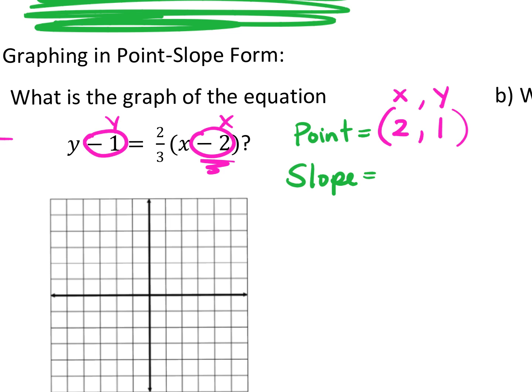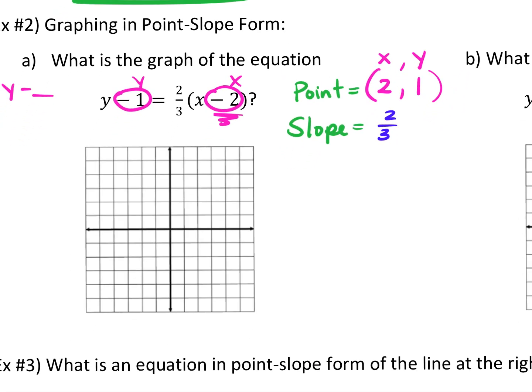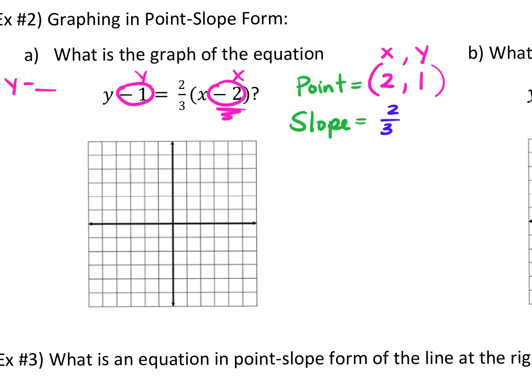All right. So we have the point 2, 1. Okay. What's your slope? 2/3. Okay. Question for you. If you have a point and you have a slope, which of those things should you plot first? The point, right?